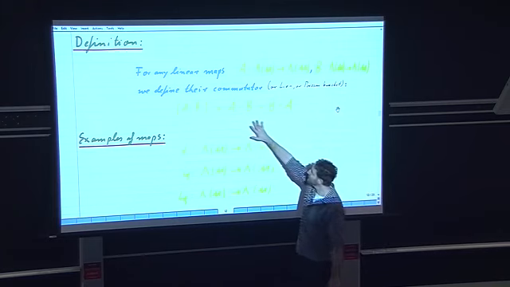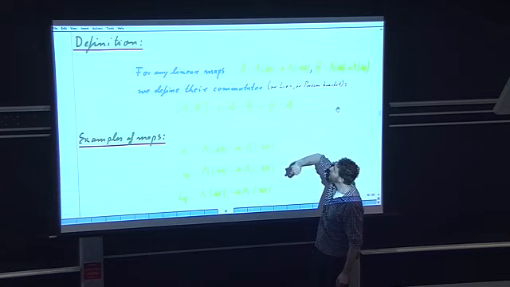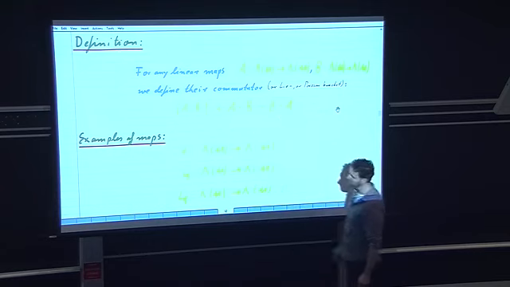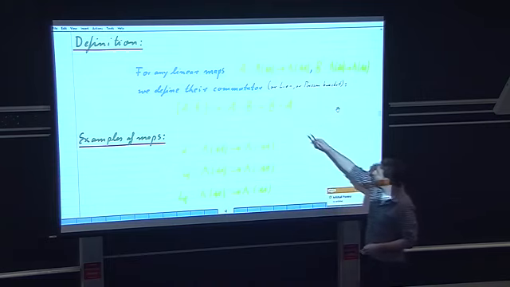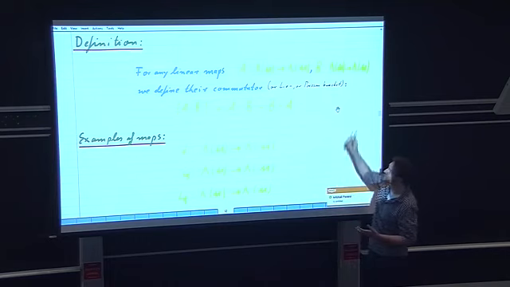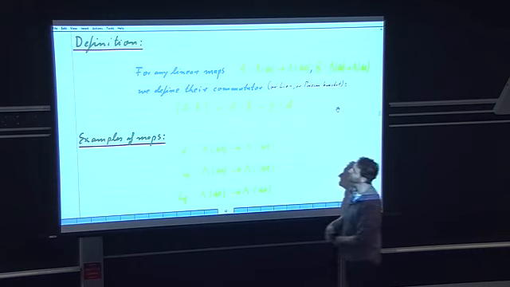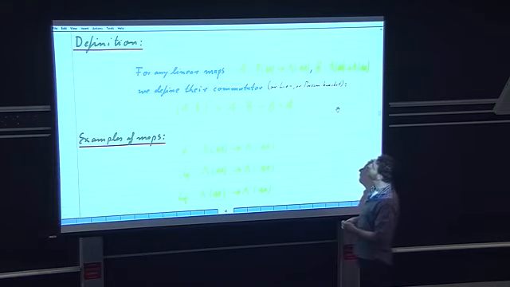Okay, so we define the commutator between linear maps in this way. Now every commutator is called a Lie bracket, but it's also called a Poisson bracket because the commutator requires in its definition some associative multiplication, and that makes it into a Poisson bracket. What are examples of maps that we might consider here?